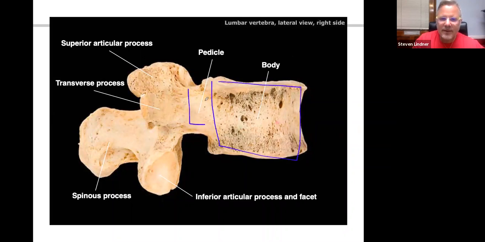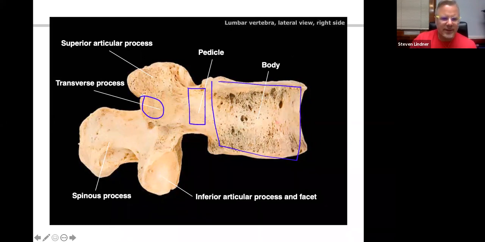This is the pedicle. Transverse processes, right? From this view, they stick out, but when you turn it this way, it just looks like a little circle. But this way, they stick out from the posterior view or from the anterior view. But when you turn it this way, you lose that depth perception. So that's the transverse processes.